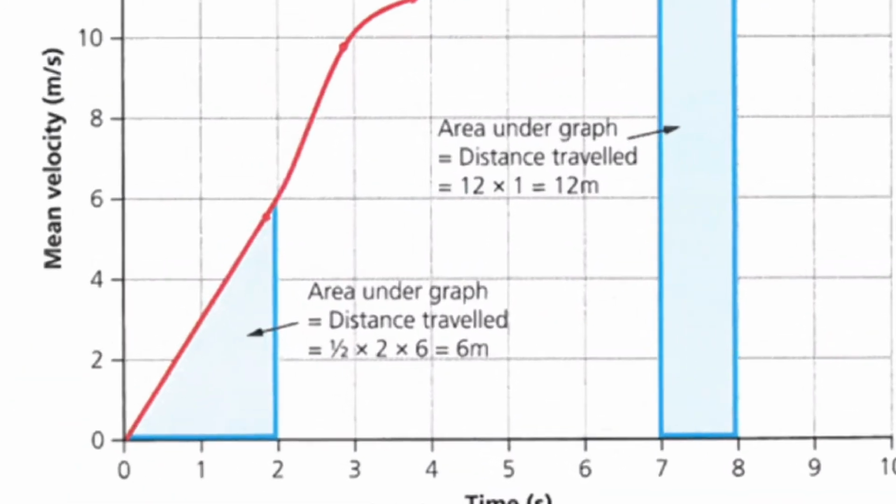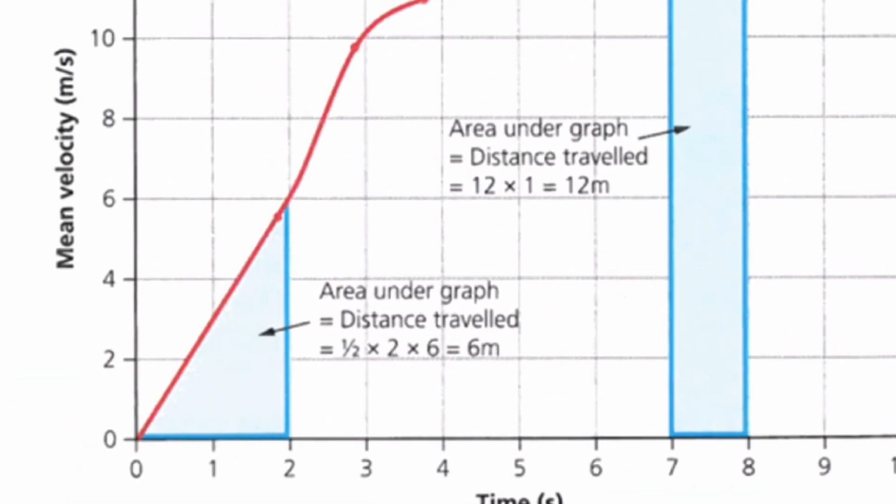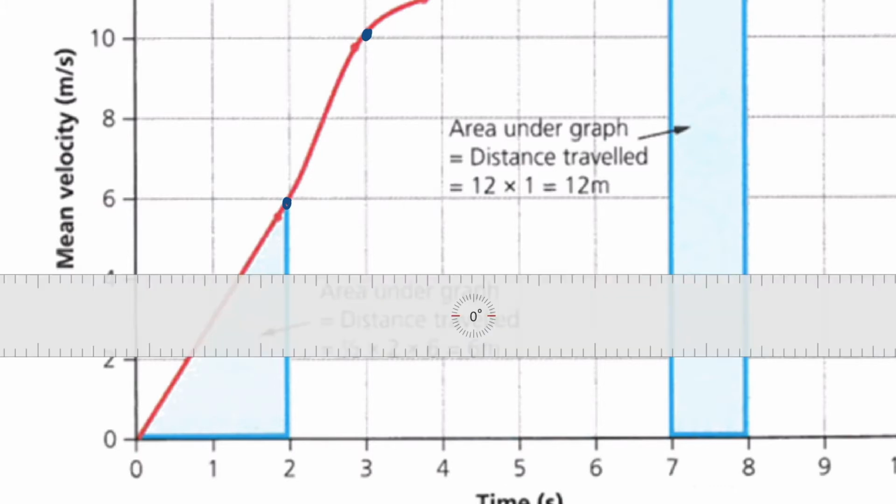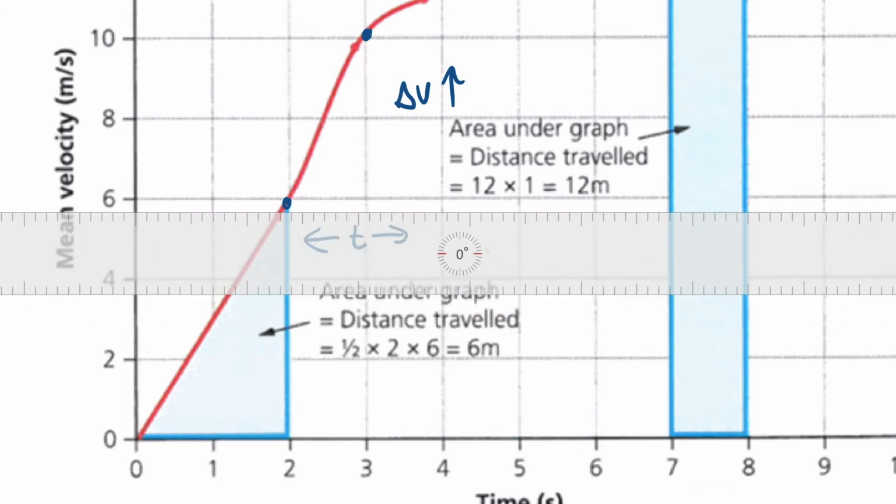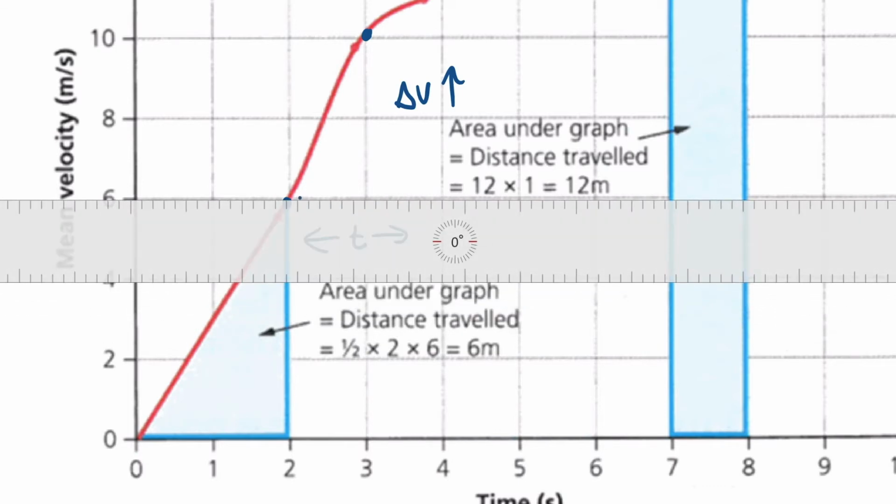What you need to do here, between 2 and 3 seconds, I'll use a different colour, get a ruler, is just show the two points at 2 seconds and at 3 seconds, and work out the change in velocity, which is in that direction, and the change in time, horizontal. So change in velocity is vertical, change in time is horizontal. So between 2 and 3 seconds is that way.